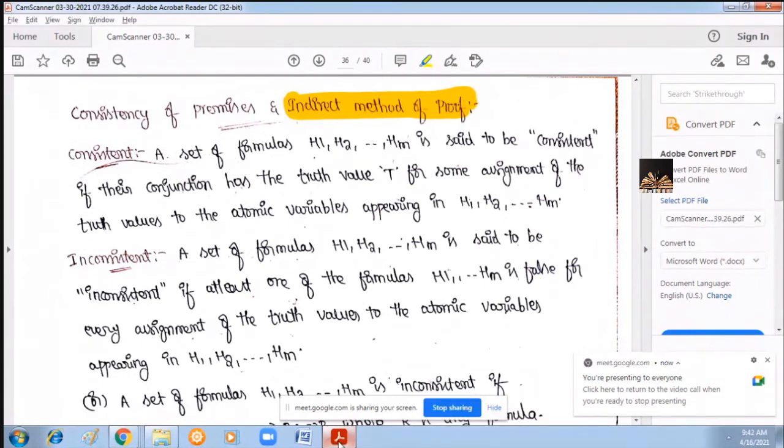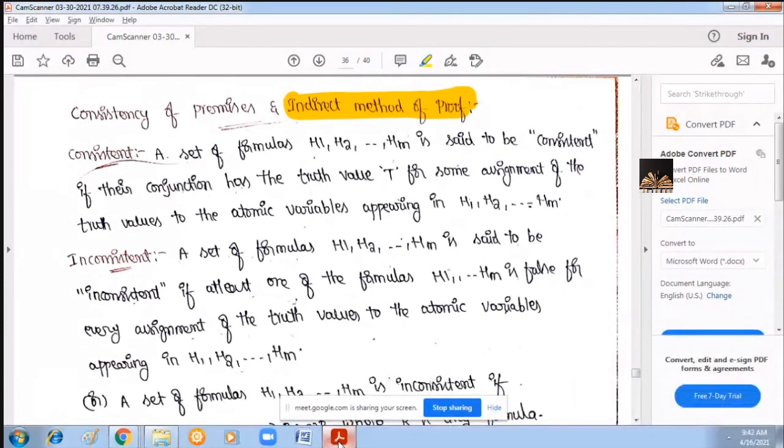Now, in your answer, if you get a false condition, then whatever you have assumed is wrong. Our assumption is wrong. What is our assumption? We have assumed the contradiction of that conclusion, and we have to prove that you will get a true value. If you are unable to get that, then our assumption is wrong. So that is what indirect method of proof means.